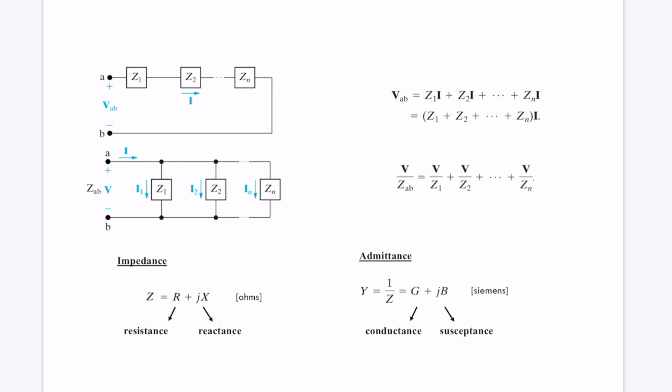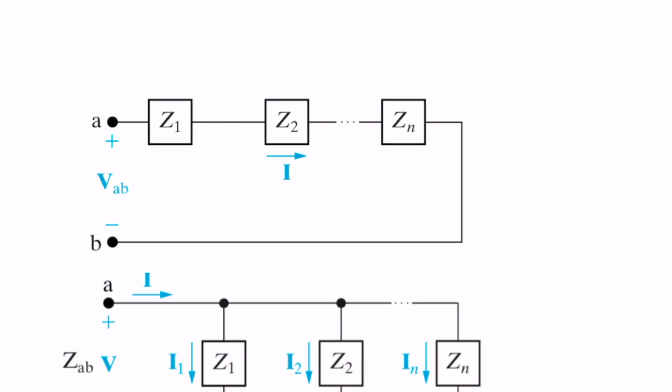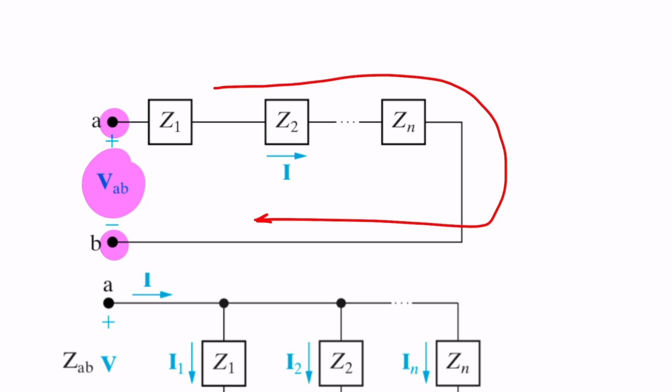Okay, we can actually generalize that, right? Let's imagine that we have here a source, right? We have a source of voltage, I call it V, between A and B, and then connected to this source I have 1, 2, up to n elements, and there is just one current going through this circuit, so it will be the same.